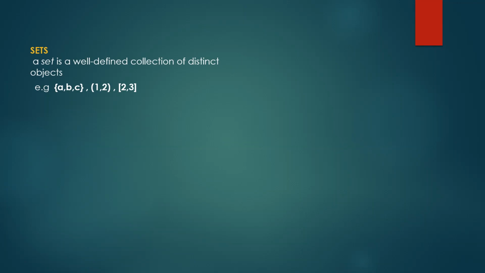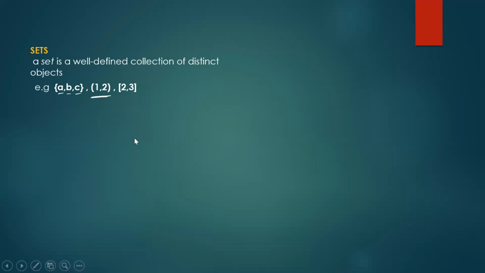All right, so these are some of the examples of sets. This is a set and it contains countable elements: A, B, and C. Then this set here is an interval set, and we all know that interval sets are normally infinite sets.